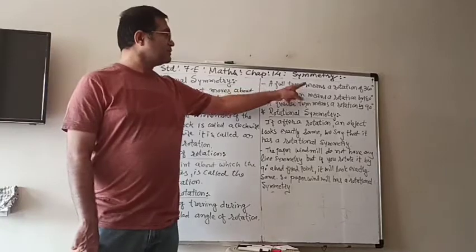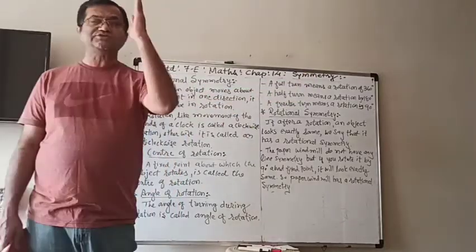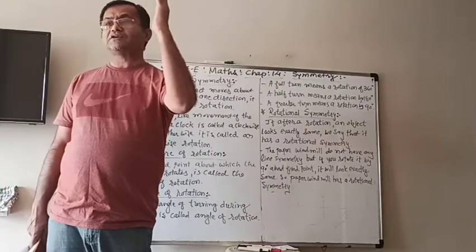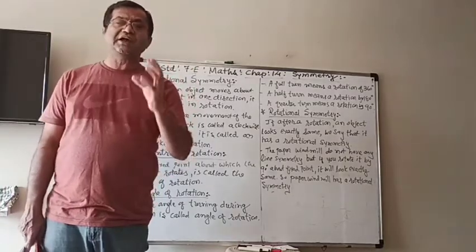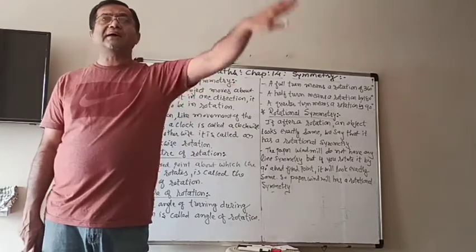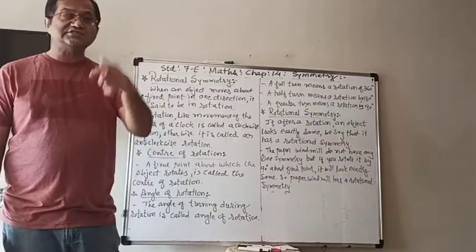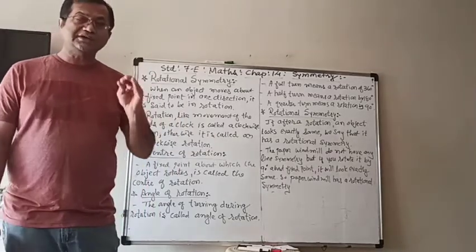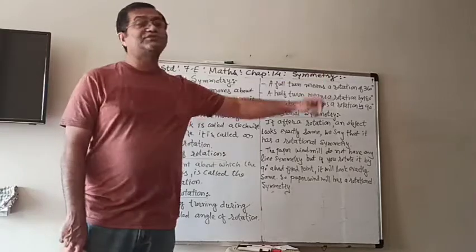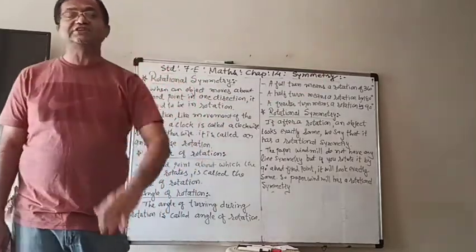So full turn means a rotation of 360 degrees. Full turn means, for example, the minute hand of the clock starts from 12 and comes back to the 12 again. Then it is a full turn. So full turn is a rotation of 360 degrees.